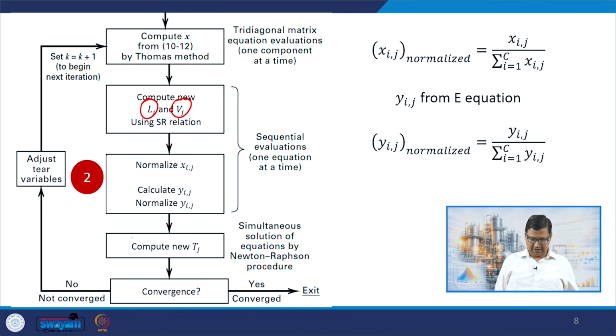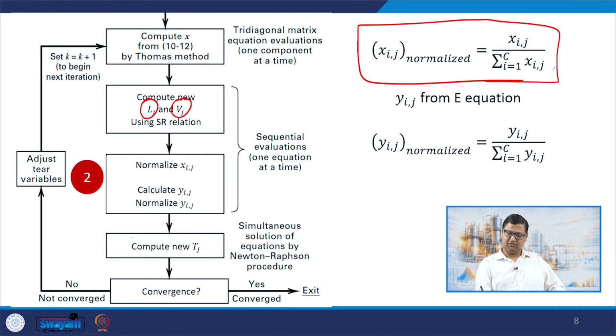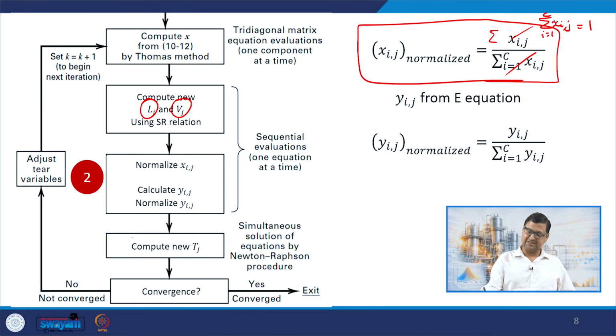So, now we go ahead and normalize it, right. In the BP method we normalized it immediately, but now we are normalizing it now. By normalizing, what I mean is dividing by the sum of xij, and this is going to by default satisfy the summation equation. Because once I do a summation here, the two terms are going to cancel, the numerator and denominator, and therefore the summation of the normalized xij is always going to be 1 by default.